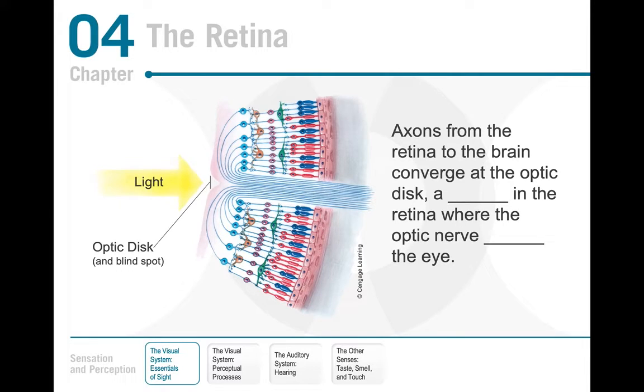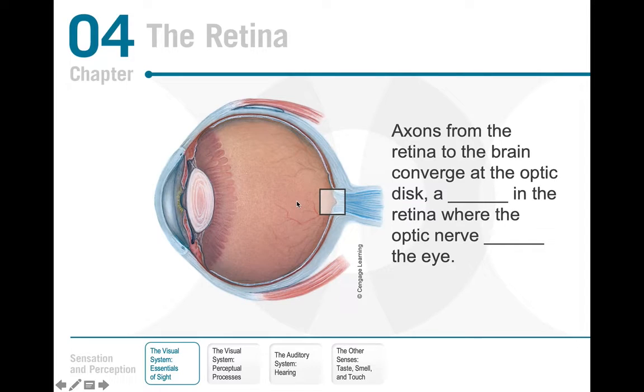All right. Now, axons from the retina to the brain converge on this part over here that is called the optic disc. So let me go back to the previous slide because that animation went by really quickly. So imagine your retina lining the back surface over here.